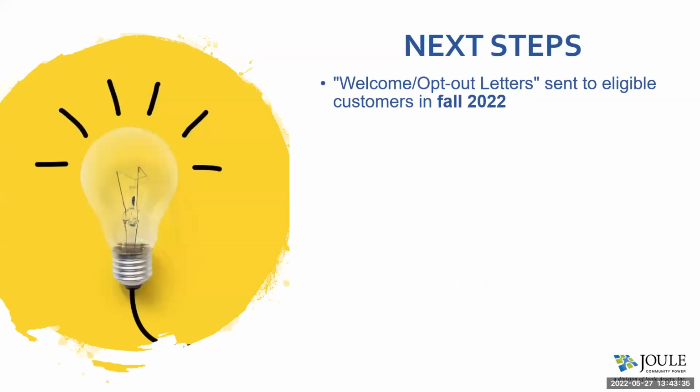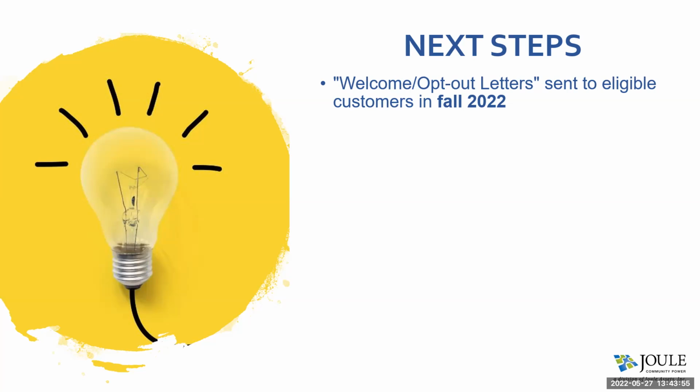Okay, so what are the next steps? First, if the town of Rush and the town of Henrietta are able to find favorable electricity supply contracts that are good for the community, then the next thing we'll do is send out welcome and opt-out letters to all eligible residents and small businesses in the fall of 2022.